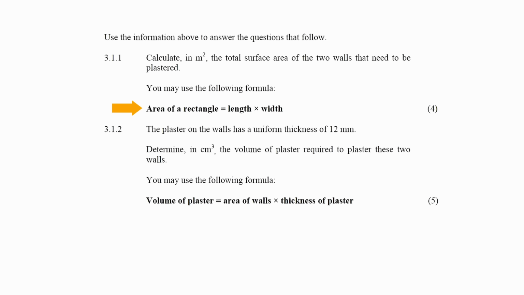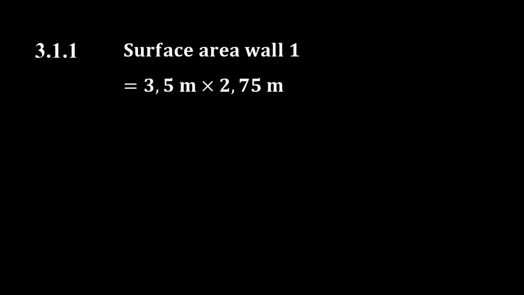The formula that was given lists the length and the width, but we should recognize that the width in this formula actually refers to the height of the wall. Now the surface area of wall 1 is the length of 3,5 meters multiplied by the height of 2,75 meters, and this equals 9,625 square meters.